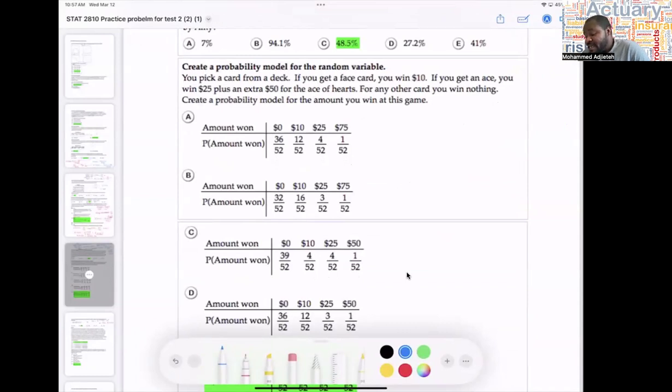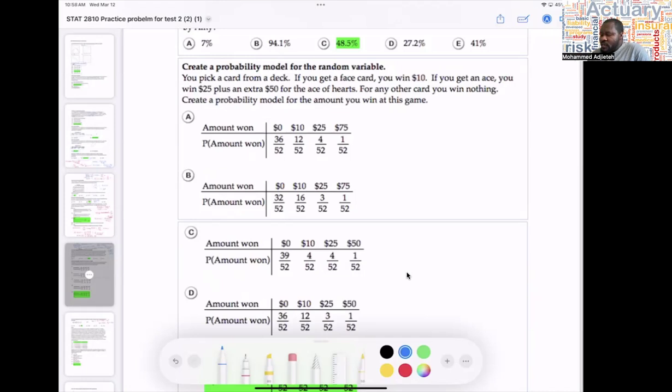If you get an ace, you win $25, plus an extra 50 for the ace of hearts. For any other card, you win nothing. How do we create a probability model?